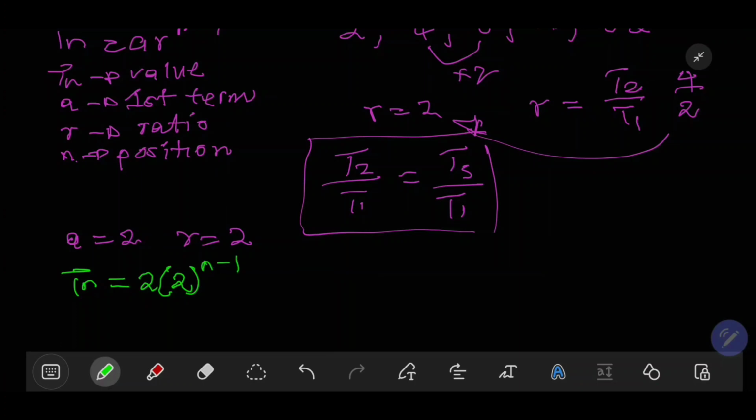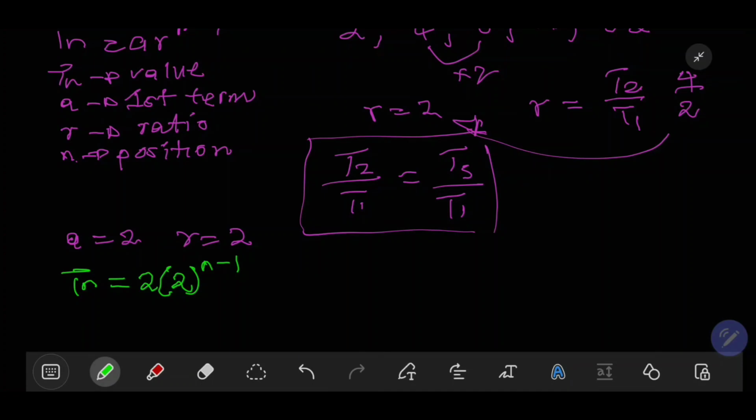You leave it like this. This is your general rule. Do not ever in your life multiply the two, because this one is carrying an exponent here.